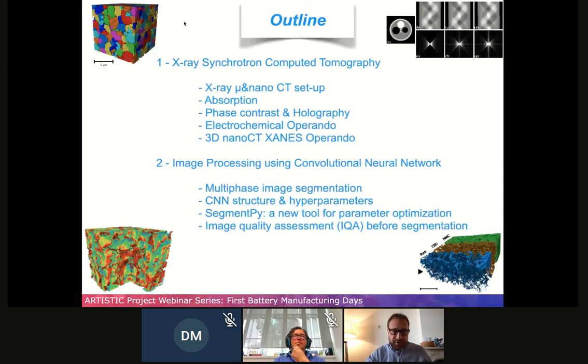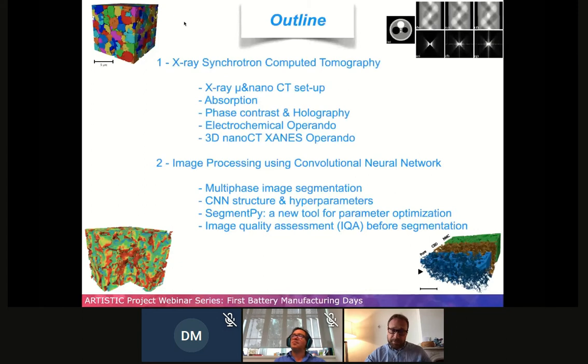The second part will focus more on the image processing using a convolutional neural network. So the question is how to make the right segmentation when you have multiple phases in the image. We will see different structures for CNN, but also a question around the hyperparameters.